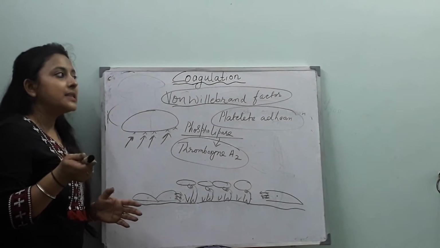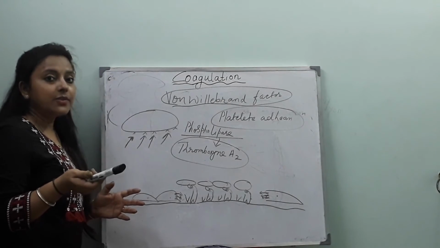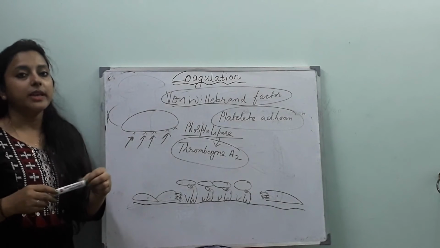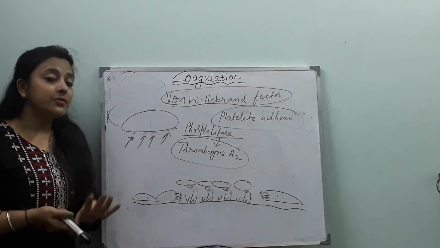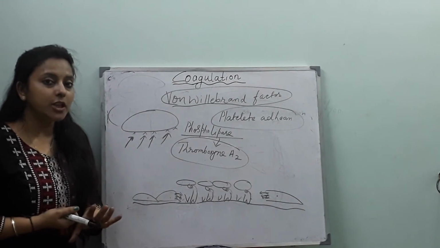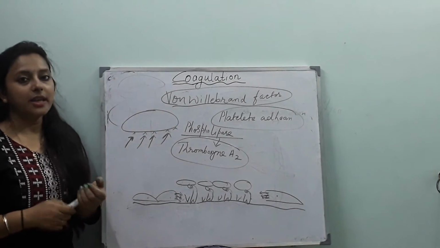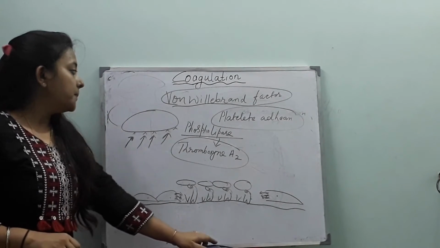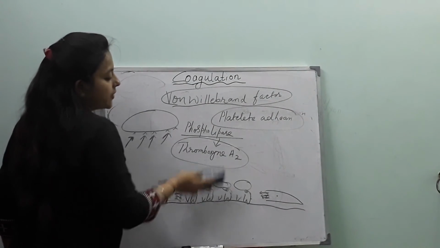Prostacyclin acts as an antiplatelet aggregating agent, but thromboxane A2 acts as a platelet aggregating agent. Prostacyclin is released from healthy endothelial tissue, but thromboxane A2 is released from unhealthy endothelial tissue. So this is the chemical released from platelets after the activation of the receptor.